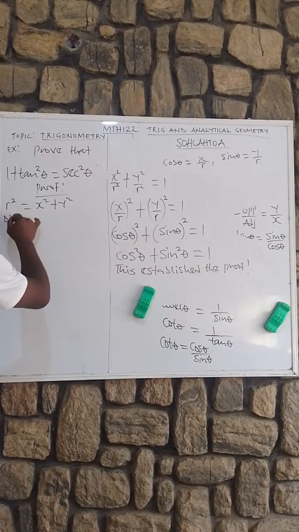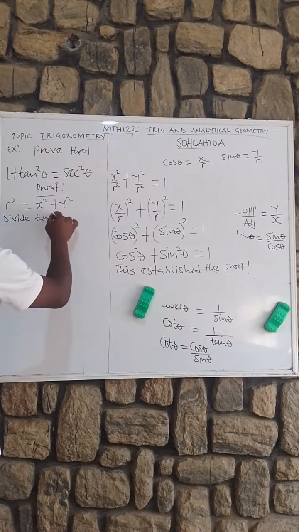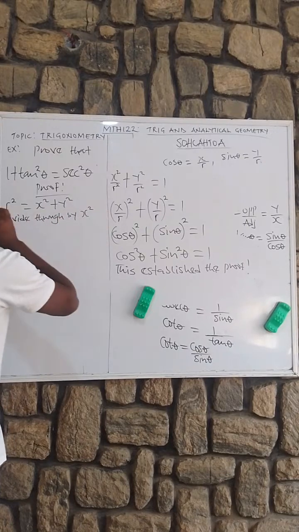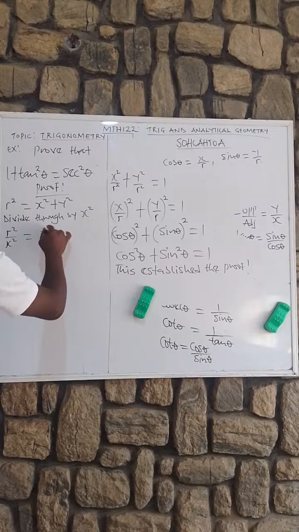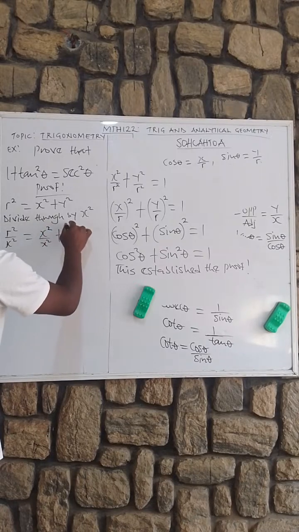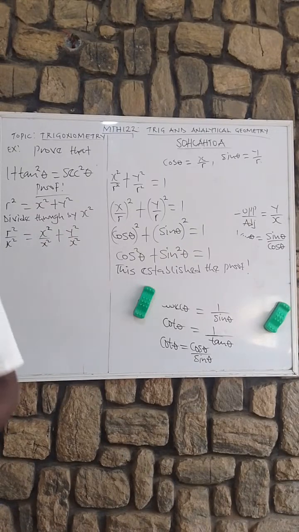So it means r square all over x square is equal to x square all over x square plus y square all over x square. True or false? You may likely see questions like this.